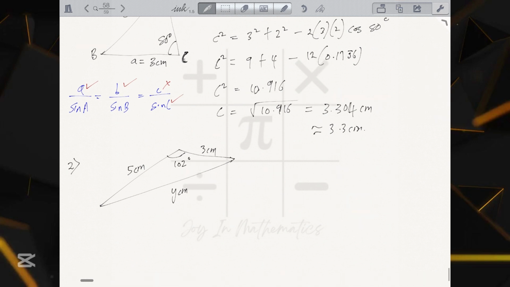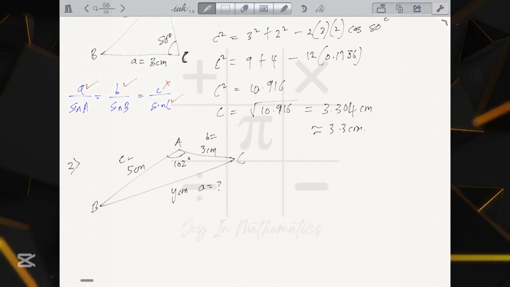So let's try and label the triangle. Let's call this A, B, and C. So in essence, we are saying B is equal to 3 centimeters, C is equal to 5 centimeters, angle A is equal to 102 degrees, and we are asked to look for A.